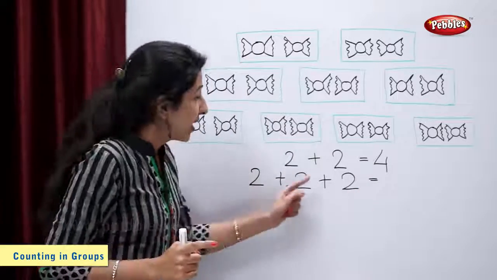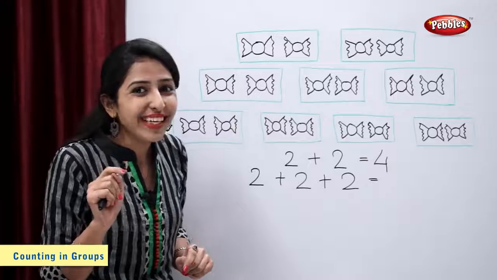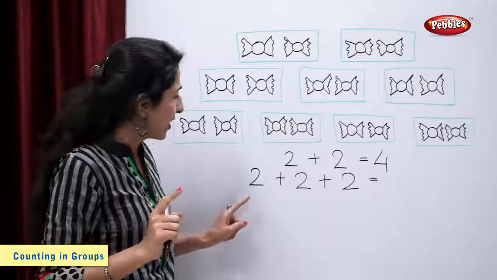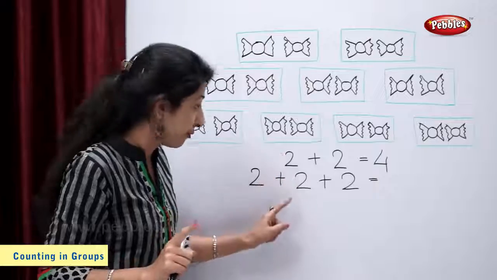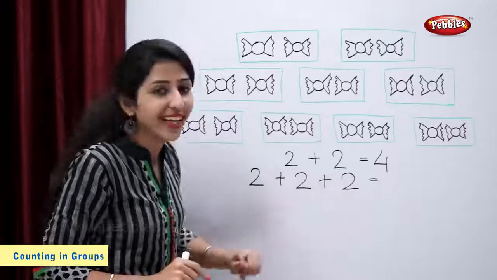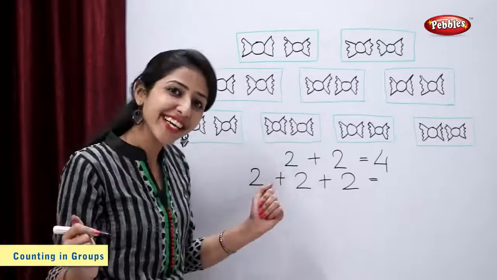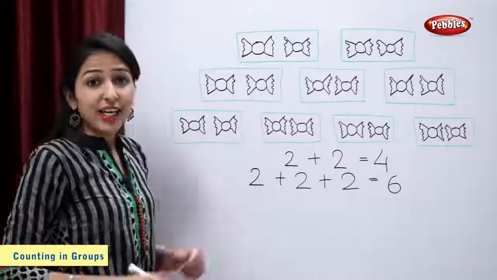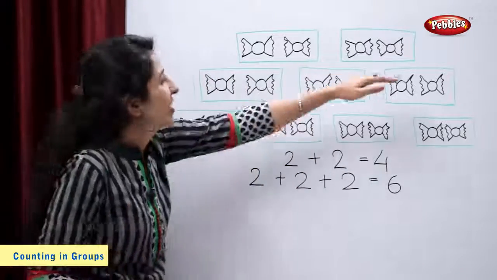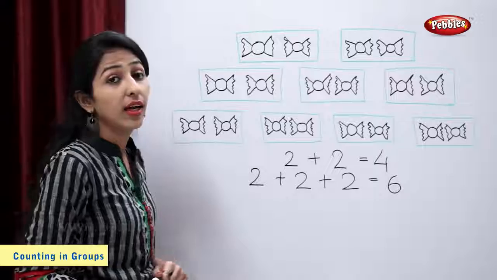Students, count and tell me. 2 plus 2 is equal to 4 and 4 plus 2 is equal to 6. There are total 6 chocolates in the second row.